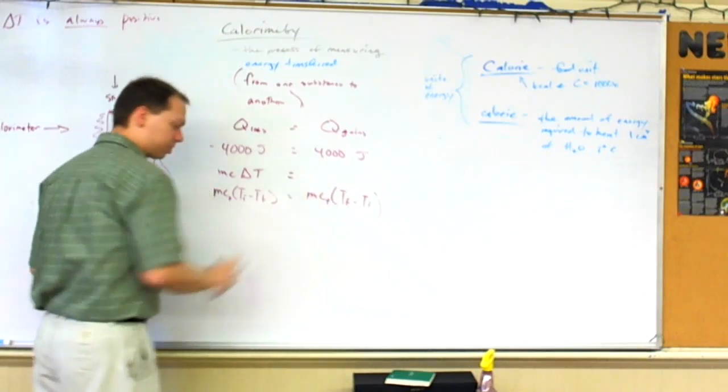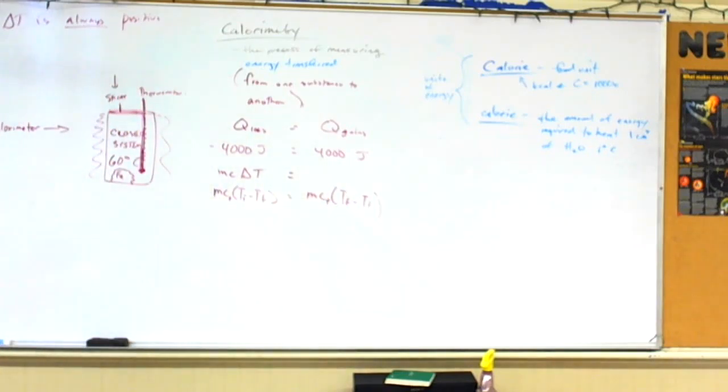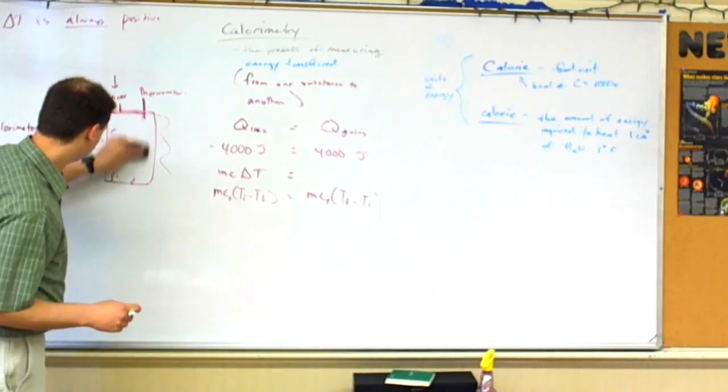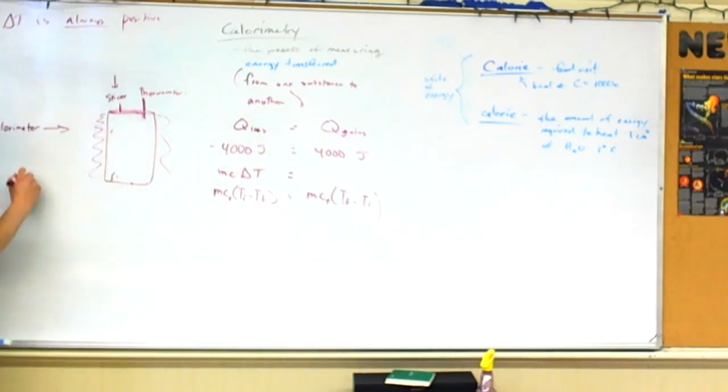There's an example in the book that we can use. Go to page 373. You have a 0.05 kilogram metal bolt heated to an unknown initial temperature. So there's a bolt, and it's hot.